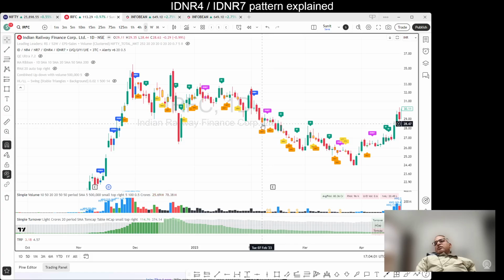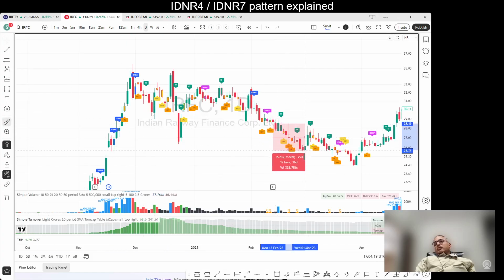See the tight candle. Sorry, there is no NR4, NR7, and inside the NR7, we got an opportunity to sell here, and see the move. 10%.